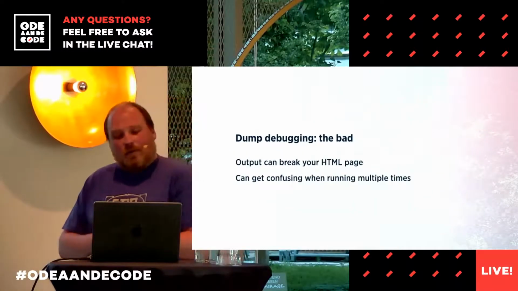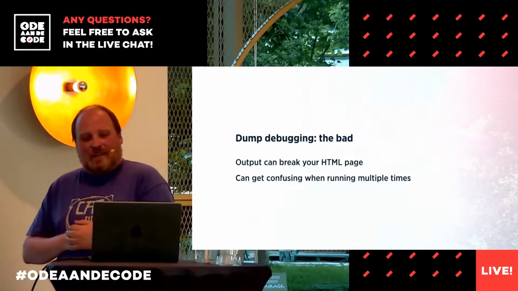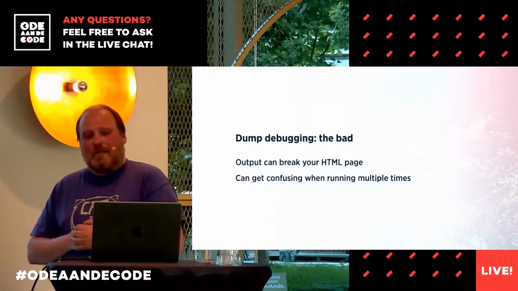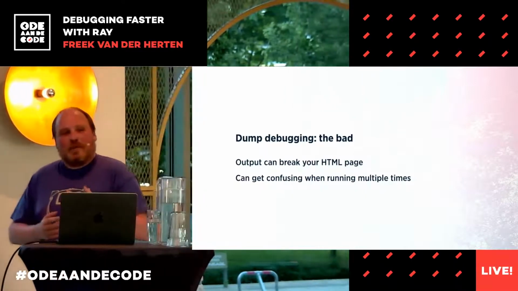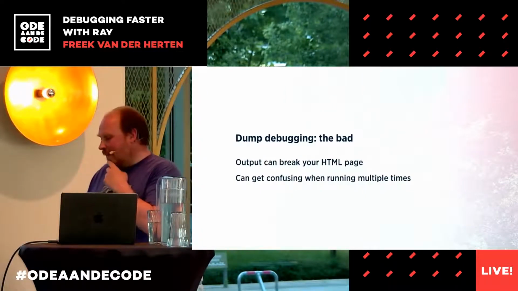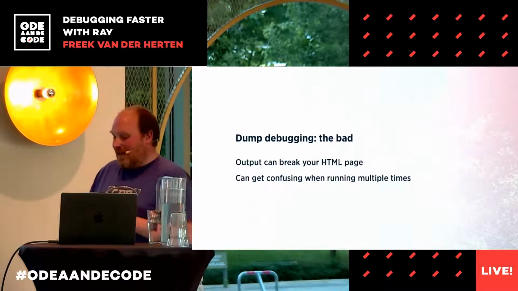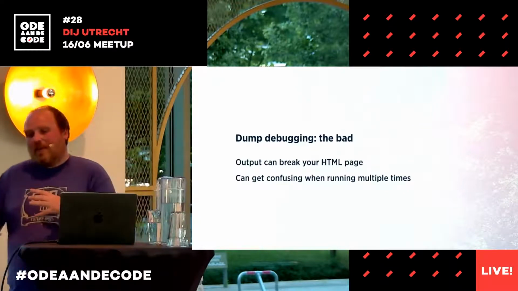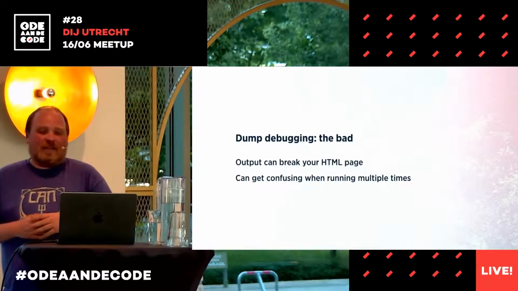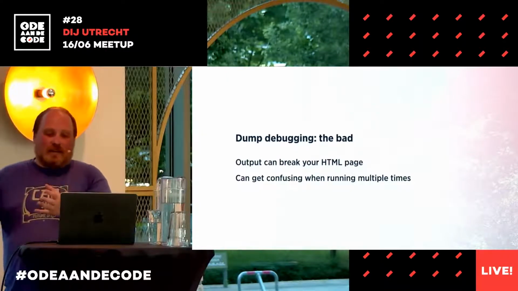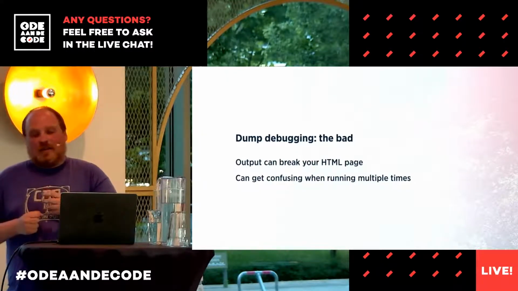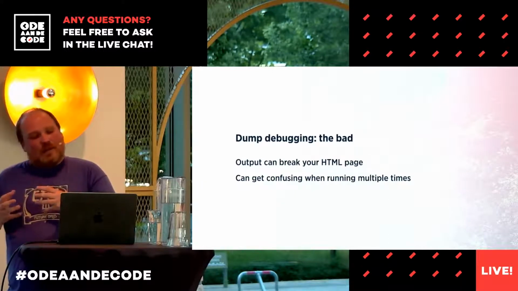Now, there are also some bad things with dump debugging. Imagine that you're outputting some kind of HTML page, and you put a var_dump statement in there, and you want to see what is the output for that. Just by having a var_dump in there, it could break your HTML page in some strange ways.